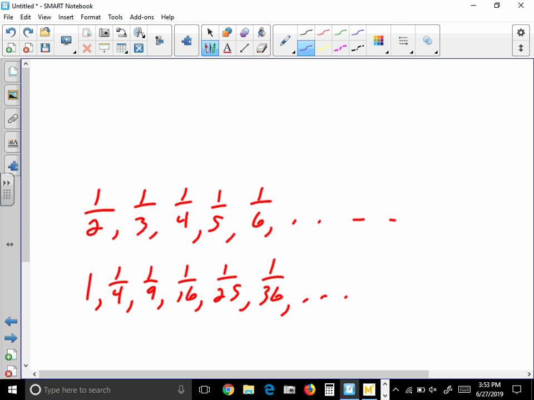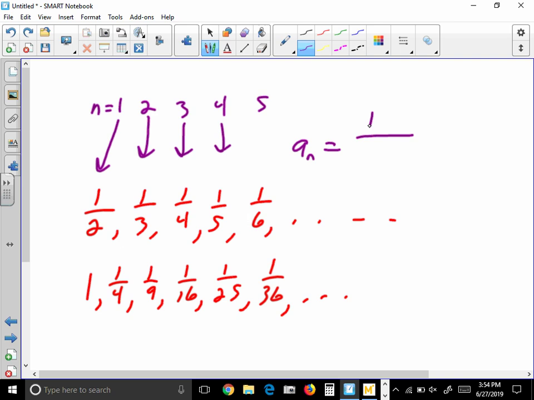If we call this the first, the second, third, fourth, fifth term of the sequence, then we could write a formula for that one. The numerator is always 1. The denominator is always 1 more than n. So that would be a formula for that first sequence.